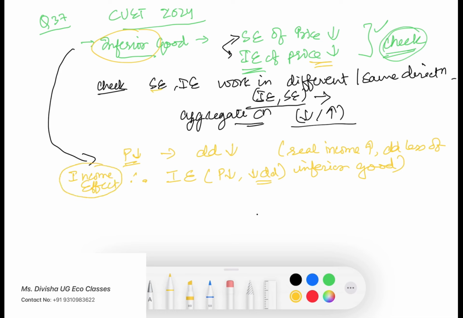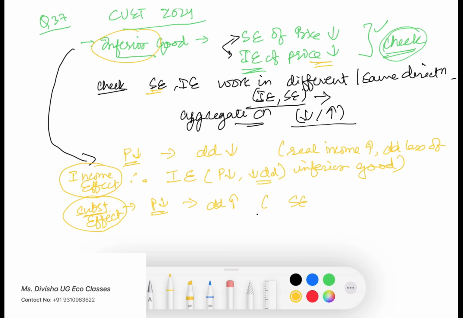Now what is the result of the substitution effect? As the price falls, because there is a substitution happening, the demand for this good will rise as people will substitute their demand away from the other good.